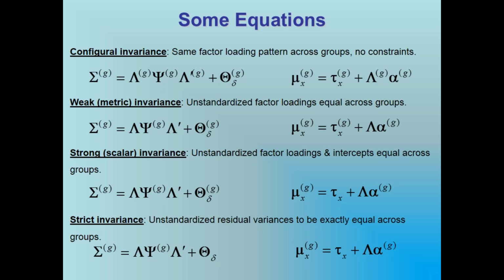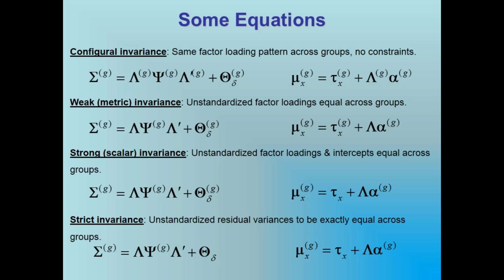Typically what you're going to do is test first for your factor loading invariance, or your metric invariance. And once that's invariant, you're going to test for scalar invariance. So in this case, your thresholds and your factor loadings would be equal across the groups.